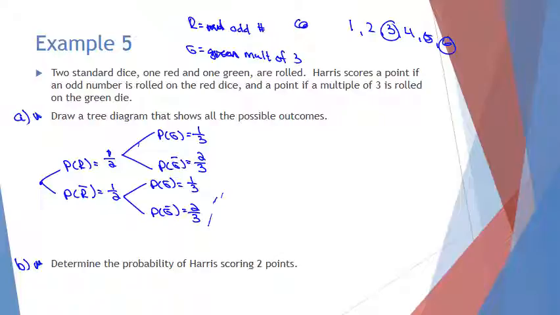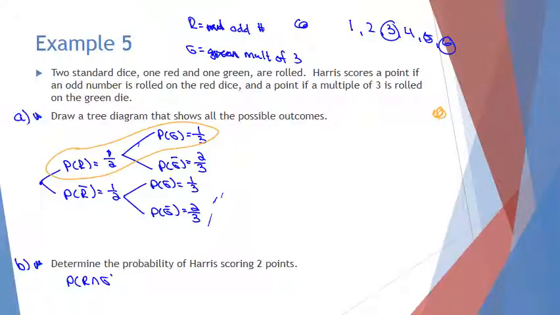So in B, it says determine the probability of Harris scoring 2 points. Well, for Harris to score 2 points, he has to get the red. Again, sorry guys. He has to have the red work out and the green work out. He has to get that odd number and he has to get that multiple of 3. So those would be the 2 fractions, and we know from talking about this already.